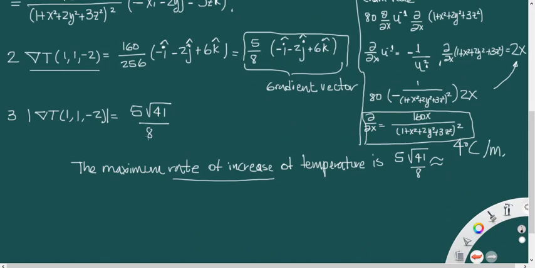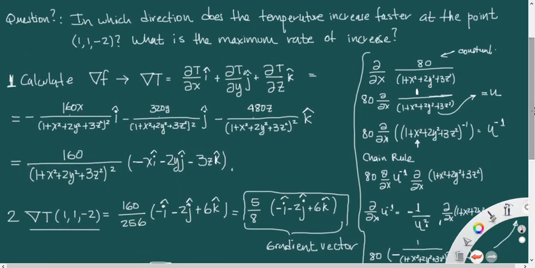So if we perform the math here, you use your Casio calculators, you will end up with something like 4 degrees Celsius per meter. Okay? That's the rate of change at that point. So you move a meter in the direction of the gradient vector, you will experience a change of temperature. You're going to experience 4 degrees Celsius for every meter that you move in the direction of the gradient vector. Okay.